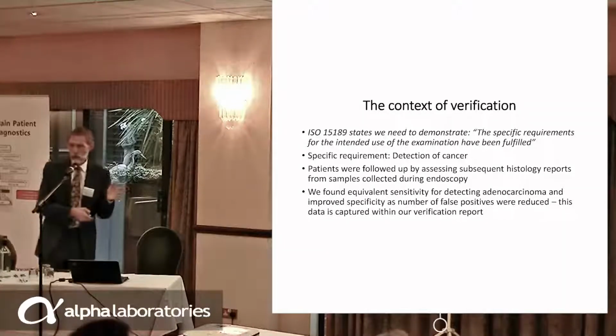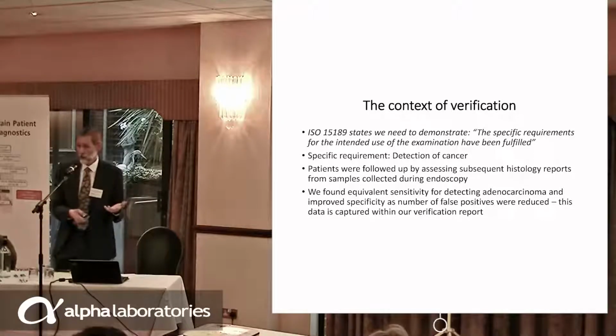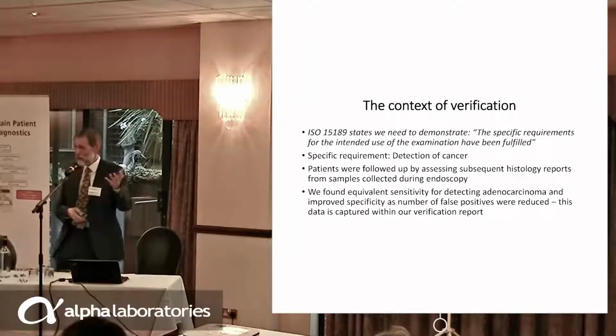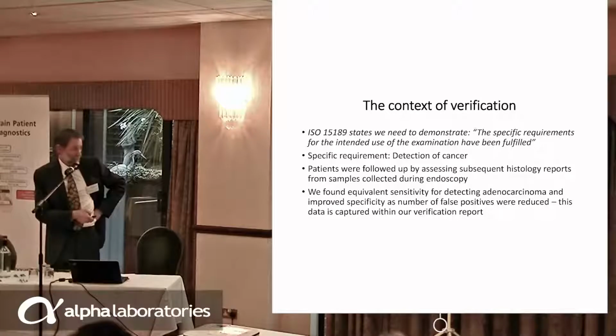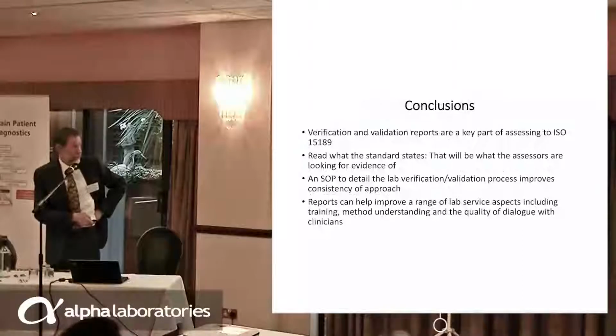And that's probably because it's not affected, as far as I'm aware, by all these dietary things that we've recommended patients avoid, like avocado, or whatever it is, raw meat, all the things that we advise patients not to take if they're doing collection of stool sample. So I think what we observed was a very big reduction in false positives. And we captured that data in our verification report.